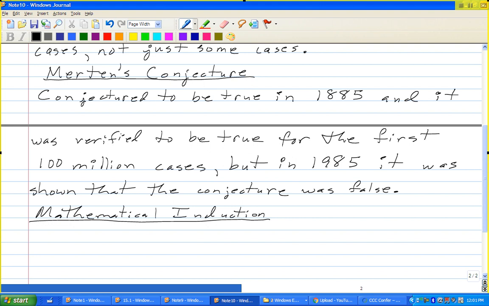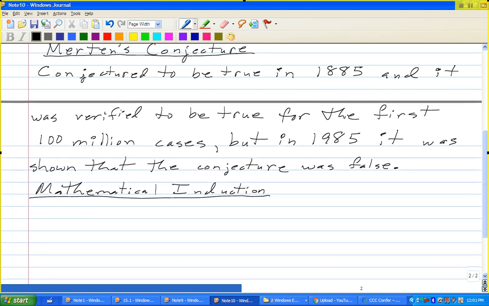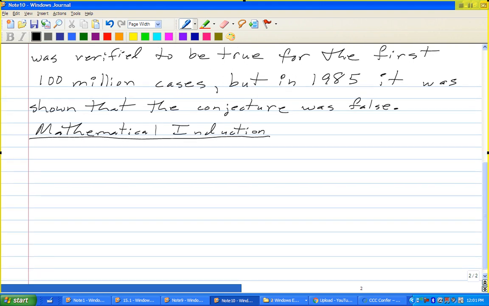So I'll just do this in mathematical terms, the idea of dominoes.